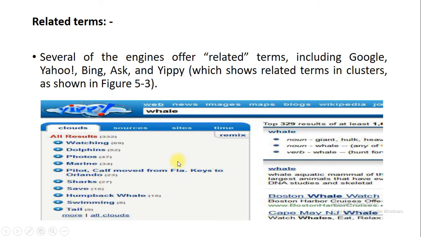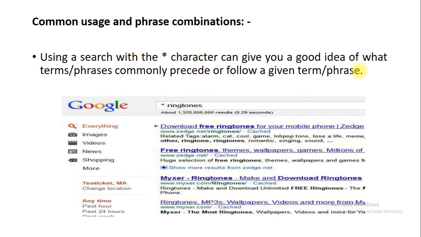So these are all related search terms that the majority of people search for when they type the search term whale. So this is a cluster. A cluster is nothing but a group of items, and the majority of search engines offer a popular or related search term.